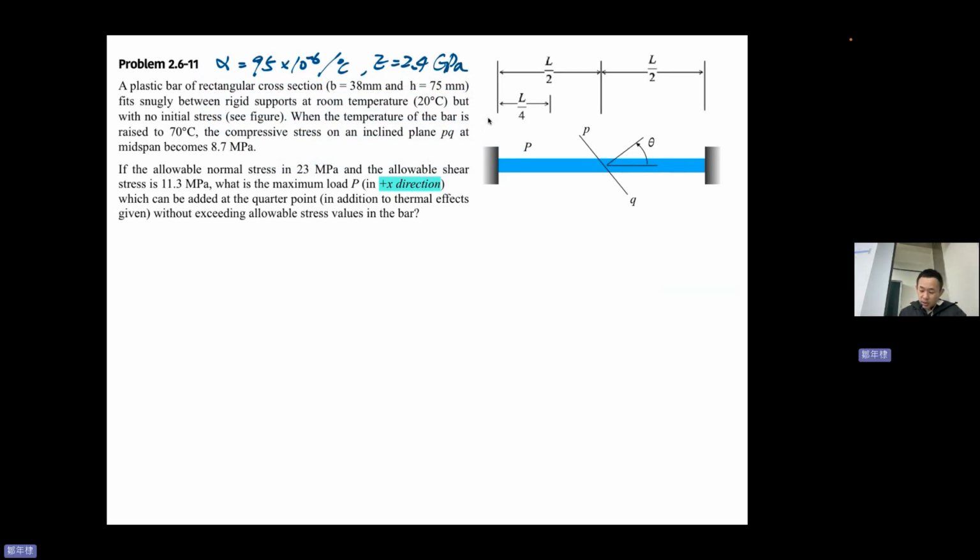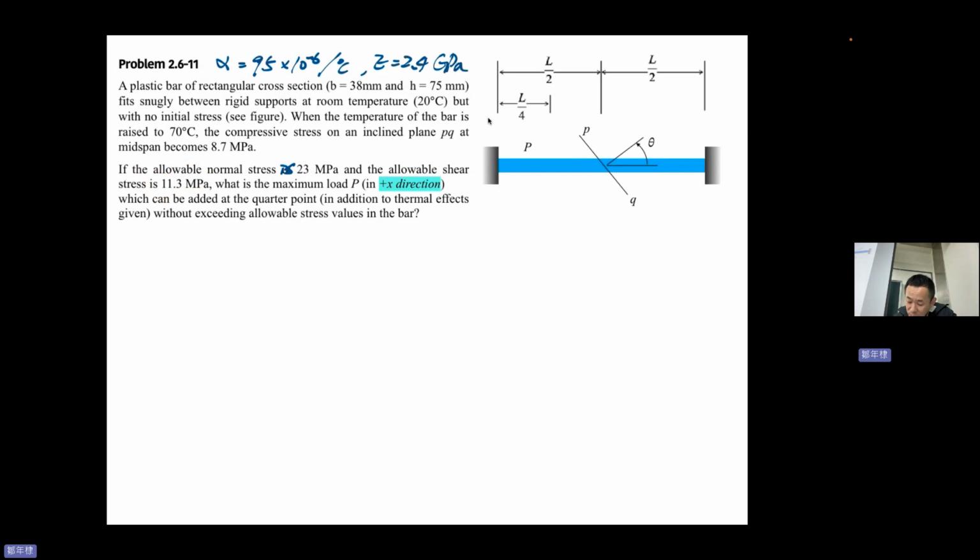If the allowable normal stress is 23 MPa and the allowable shear stress is 11.3 MPa. So allowable for the normal stress is 23 and for shear is 11.3 MPa.